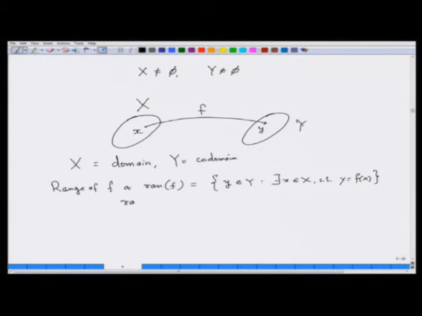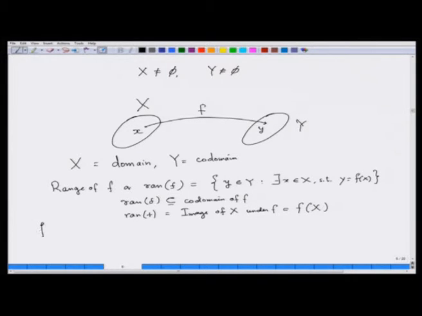Essentially, range is a subset of the codomain. So, range of f is also called the image of x under f. Sometimes people use the terminology f of capital X. I will give you an example how these two are different.